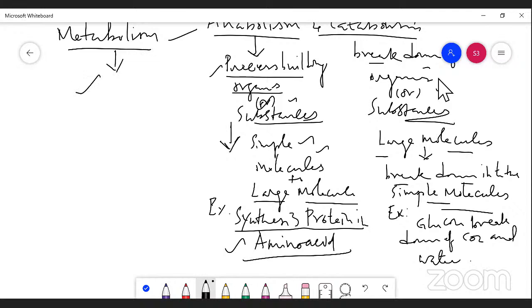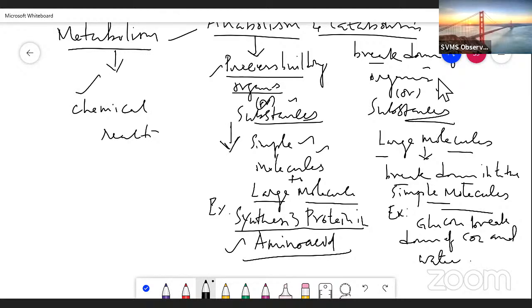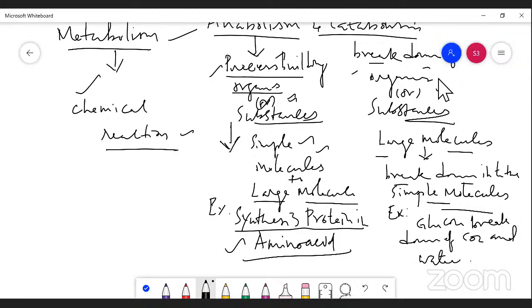All the chemical reactions. To recap metabolism: the process of building substances, the breakdown of substances; simple molecules aggregate into large molecules, and large molecules break down into simple molecules.